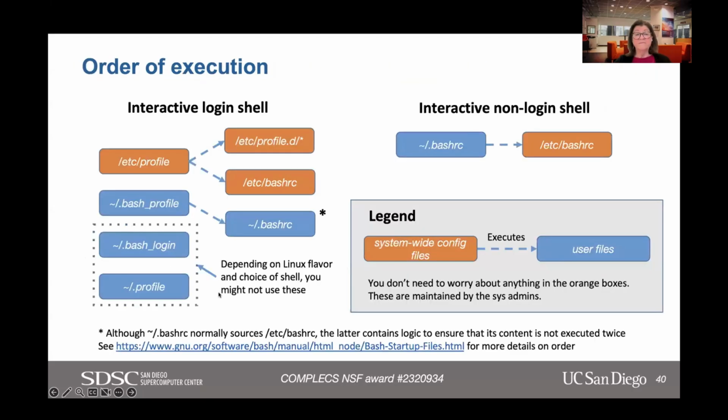Okay, so here's the order of execution. What happens first? When you log in, the stuff in your home directory is not touched until you've been validated by a security process. Then /etc/profile launches and runs some commands to build out all of your environment. My first comment to new users is, yes, it's very complicated.